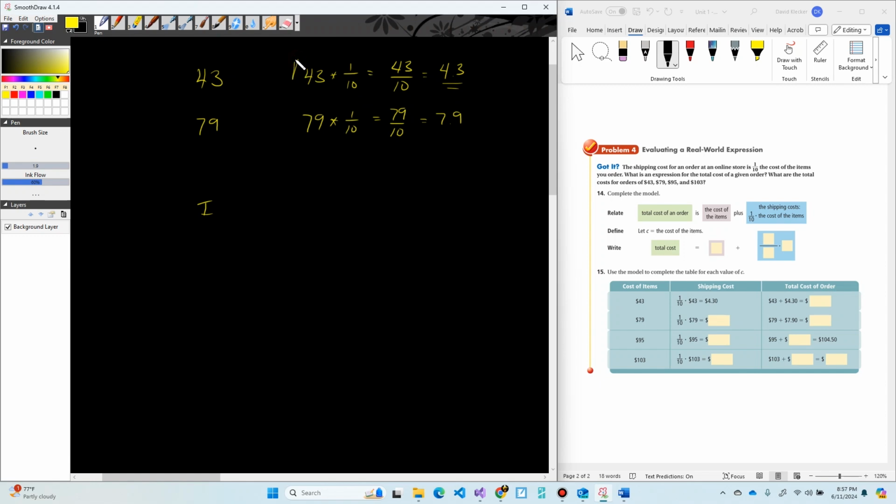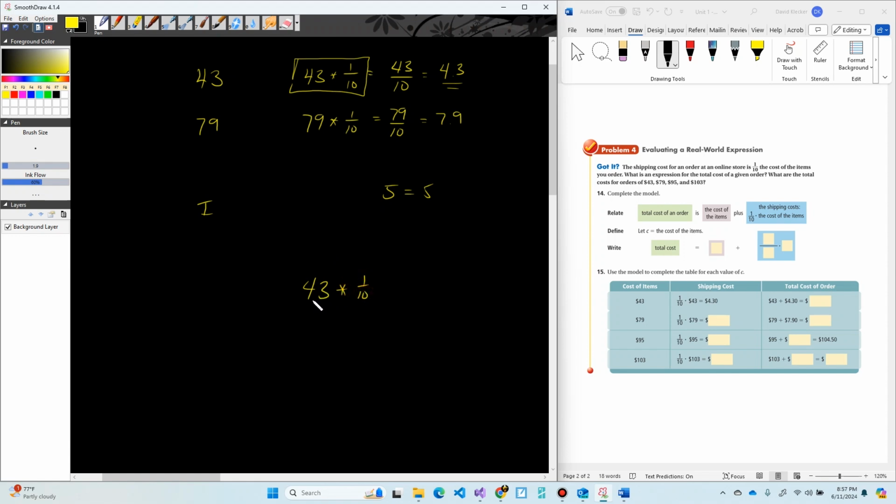And this is the expression that resolves this. Remember when I said 5 is equal to 5? Well, 43 times 1 divided by 10 is equal to 4.3. And we're not going to write 4.3 as my answer. They're asking me what is an expression that gave me the answer 4.3. Well, that expression was 43 times 1/10.